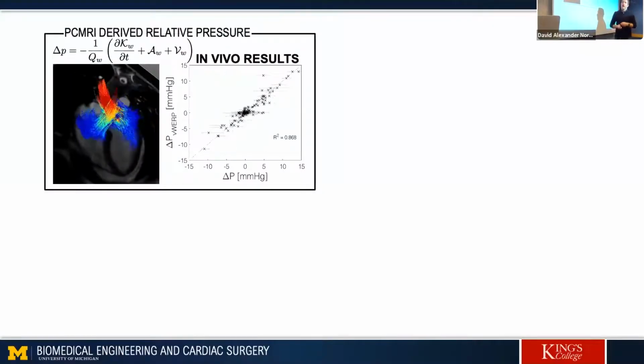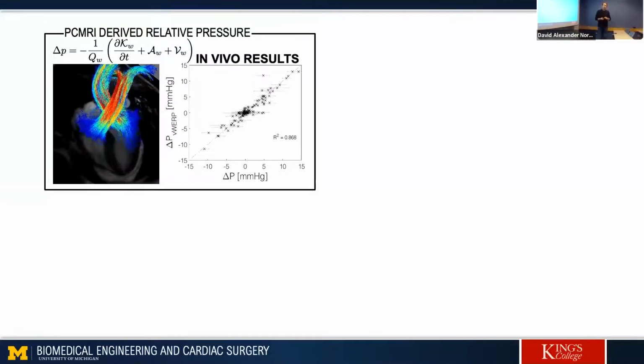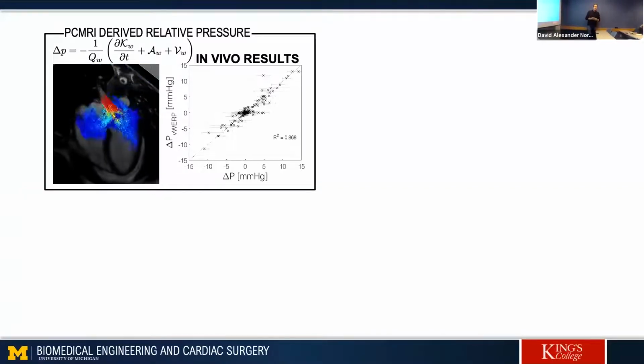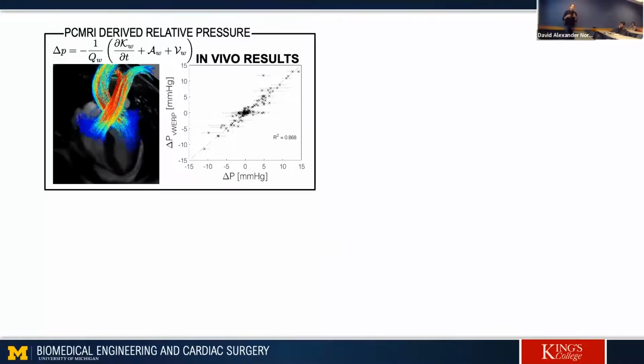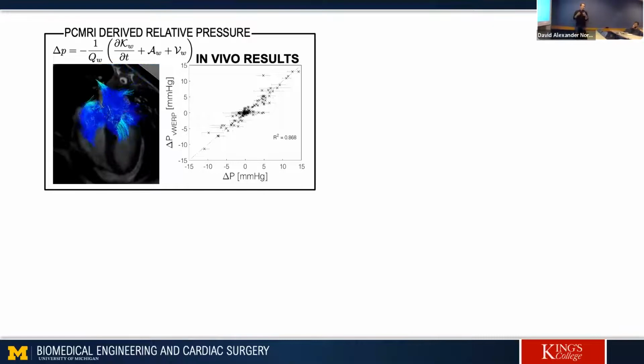So the big thing that we're doing here, there's a number of different areas, but I'll just talk about one. The one that I'll talk about is using phase contrast images. And really what you're interested in when you're looking at phase contrast images, the most important clinical tool that you can get from this, I would say, is what is the drop in pressure that's required to get the flow that you see. This is used in a lot of different cardiovascular conditions to determine whether or not somebody should go for a procedure.